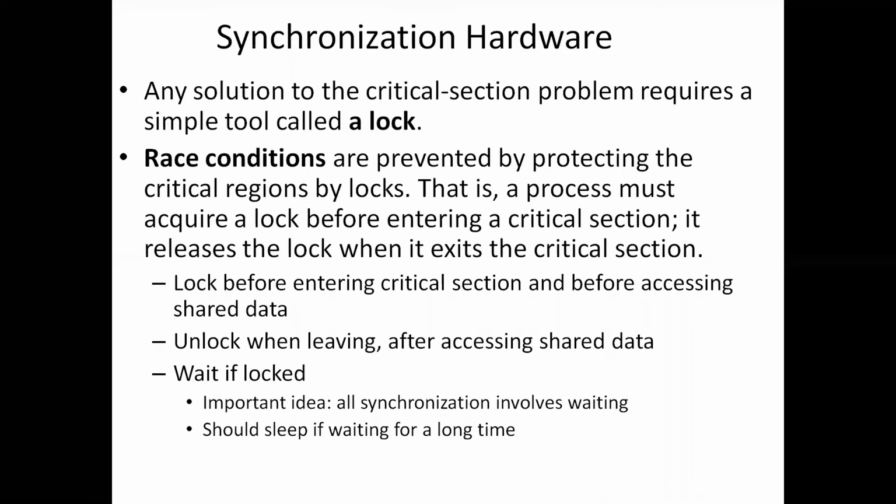That is, a process must acquire a lock before entering into the critical section, and the lock should be released after it has completed execution in the critical section. The process releases the lock when it exits the critical section.